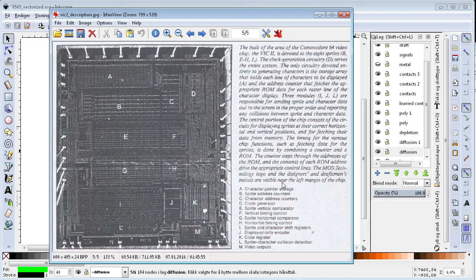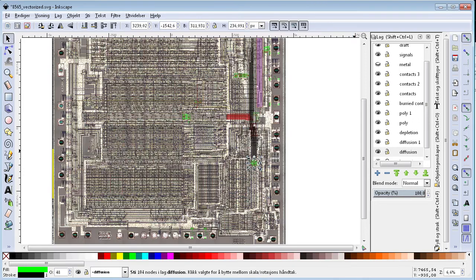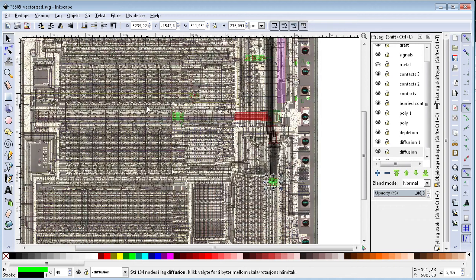So then it's just a matter of finding, okay, now I'm pointing at it, finding the counter and the ROM and the control lines, and then we know what's going on. I'm not sure about that, but if you go into the core of this chip again, and this was the Sprite Comparator.